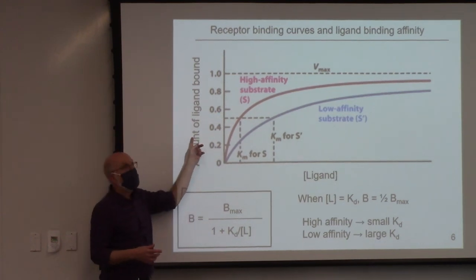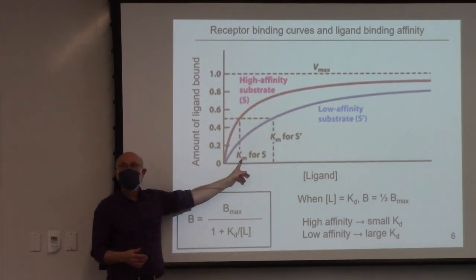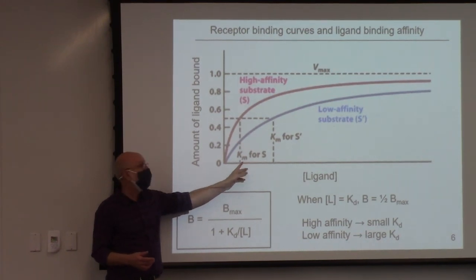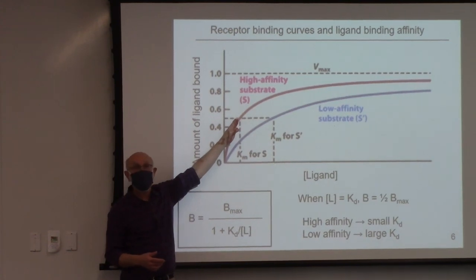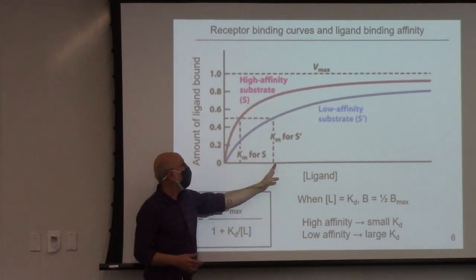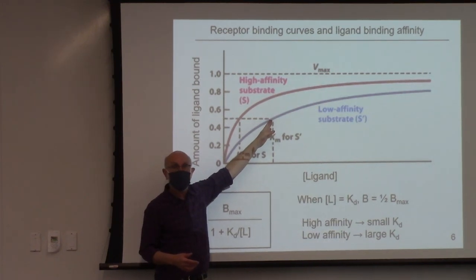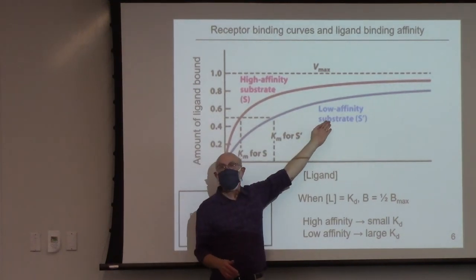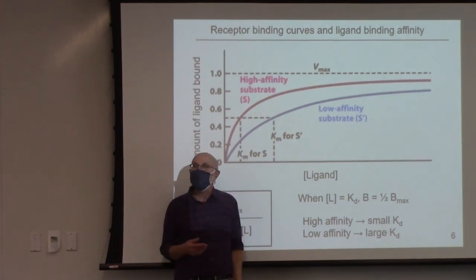So when we talk about binding, rather than enzyme activity, we talk about a Kd, not a Km. But lower Kd, higher affinity. Higher Kd, lower affinity. Substrate is just another name for ligand. Substrate is the enzymology term for a ligand.